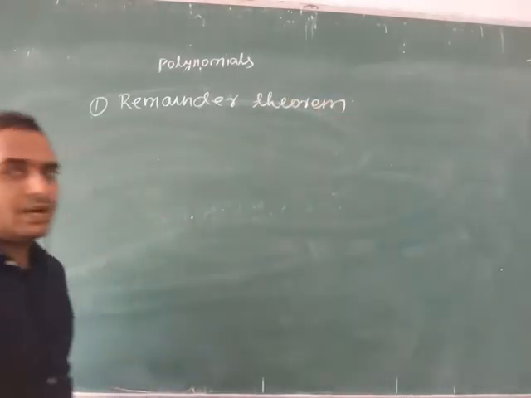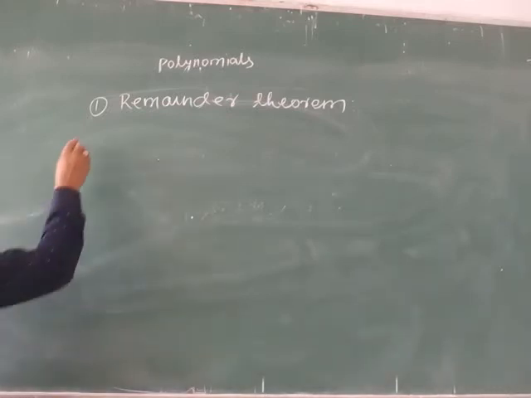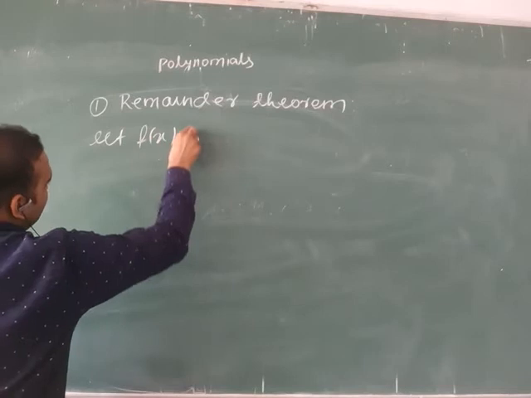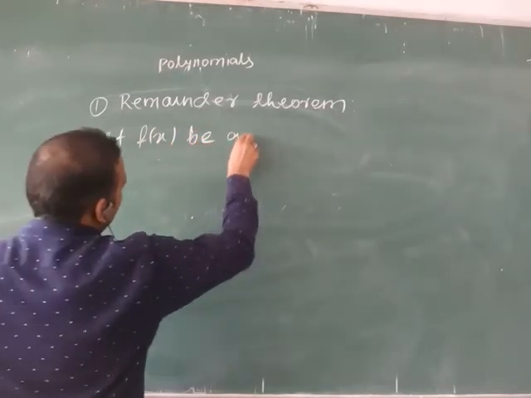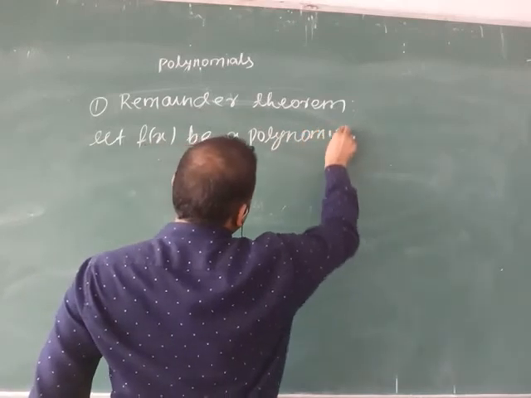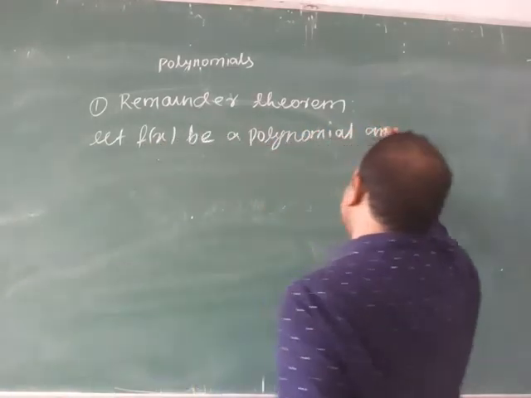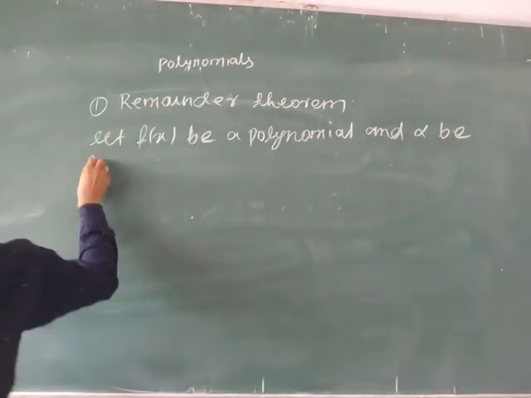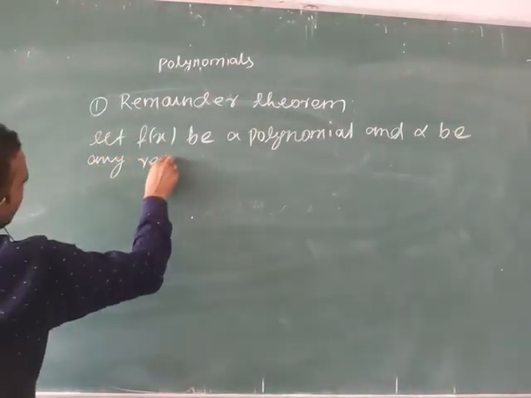The first one is remainder theorem. Let f(x) be a polynomial and alpha be any real number.